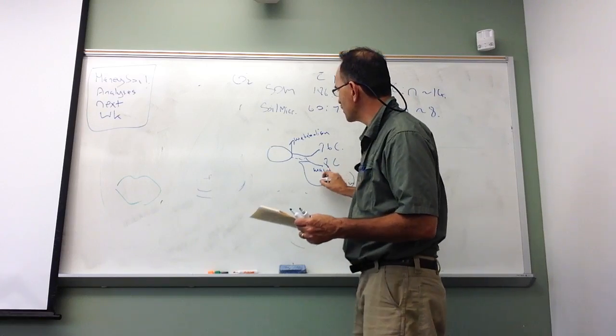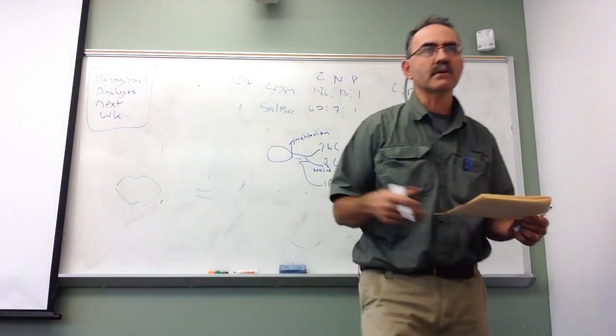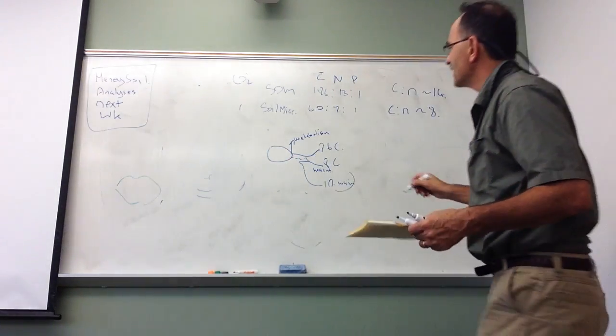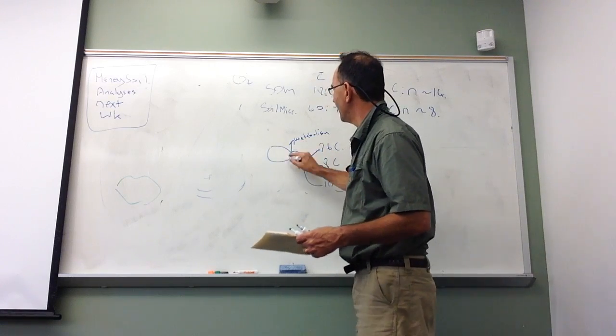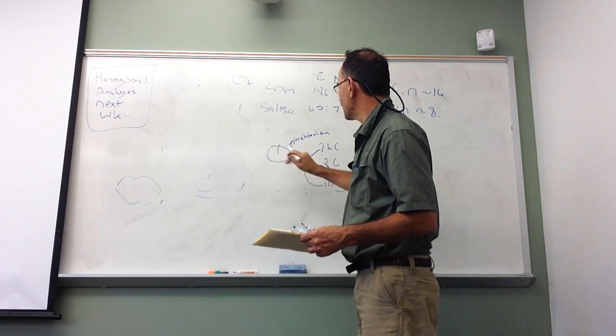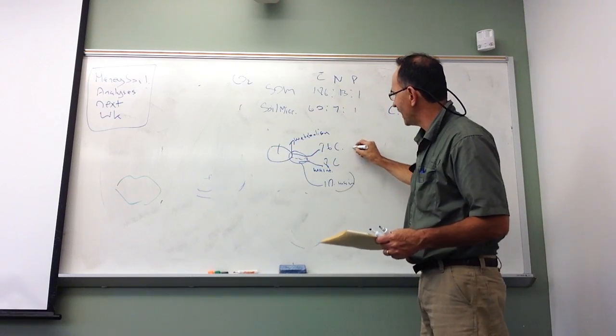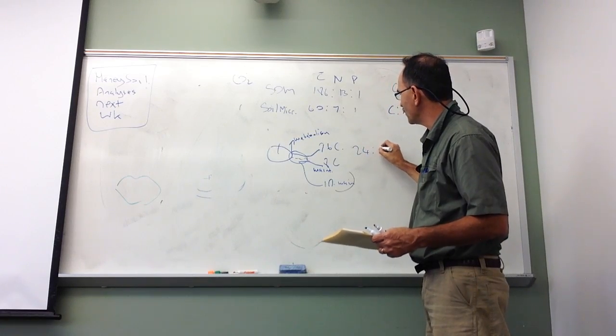The nitrogen usually becomes something structural. So this microbe will consume that, and essentially that ratio is around 24 to 1.